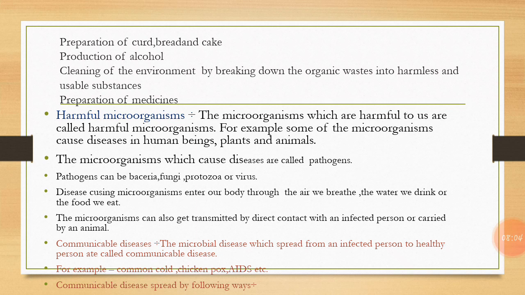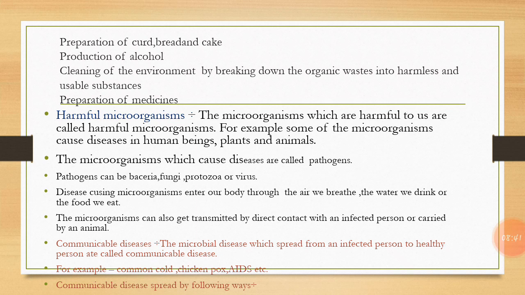There are some microbial diseases that are normally spread from an infected person to a healthy person through air, water, food and physical contact, and that type of disease is known as a communicable disease. Some common communicable diseases are, for example, chicken pox, common cold, smallpox and AIDS.